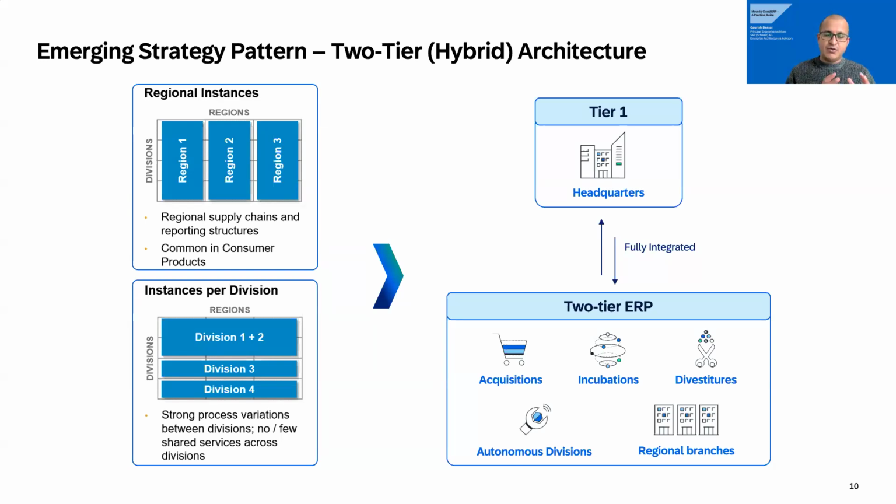If you are looking at acquisitions, incubations, divestitures, creating autonomous divisions and regional branches. So if you want to acquire a company and quickly integrate it into your business, you can put that company on S/4HANA public cloud and onboard it very quickly.